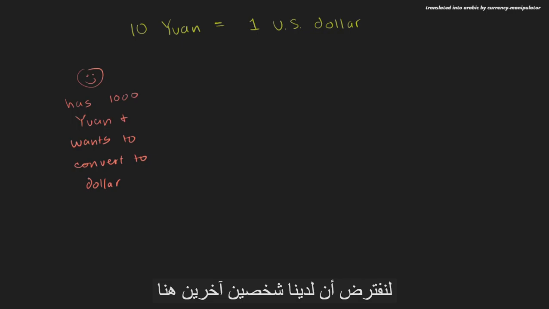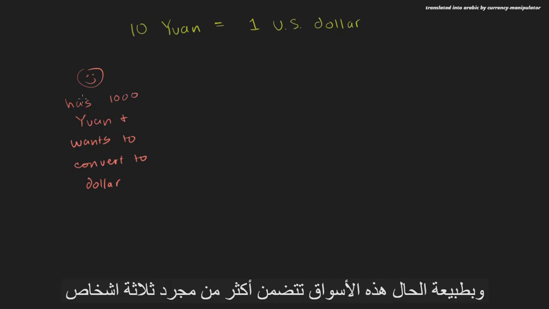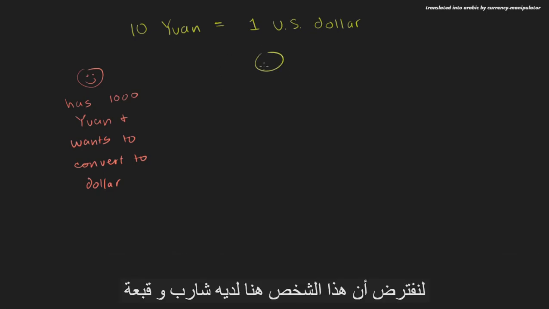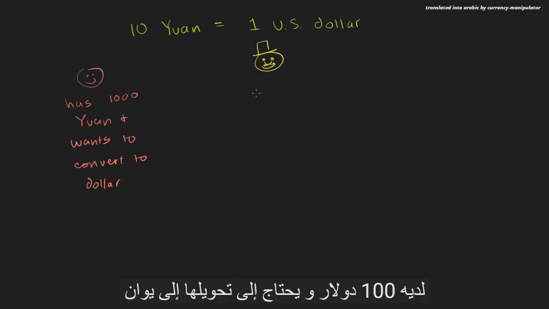Let's say you have two other actors over here. Obviously these markets involve many, many more than just three people, but this will help us simplify or at least understand how these exchange rates would work. Let's say that this person right over there, with the mustache and maybe a hat as well, has $100 that he needs to convert to yuan.